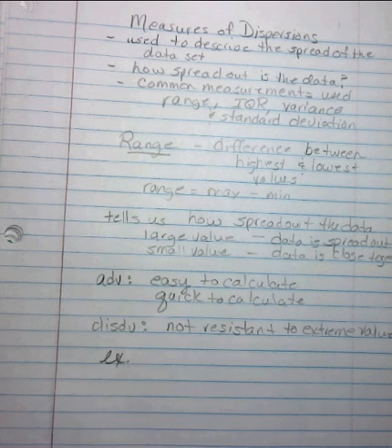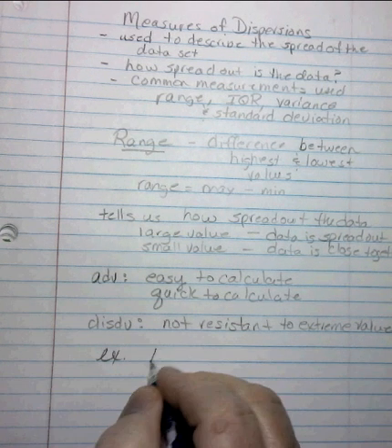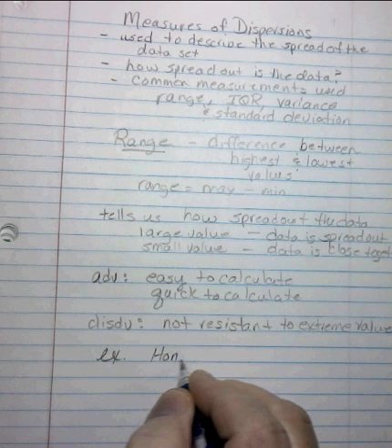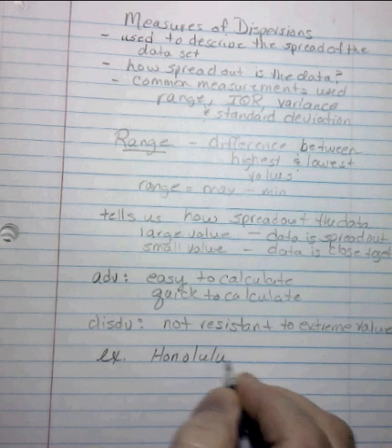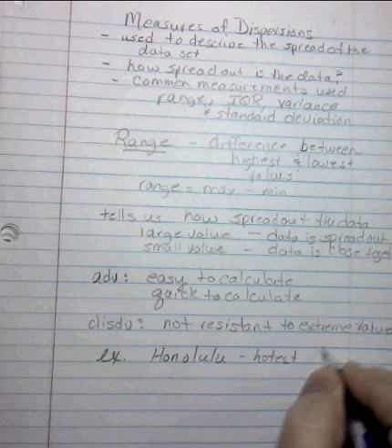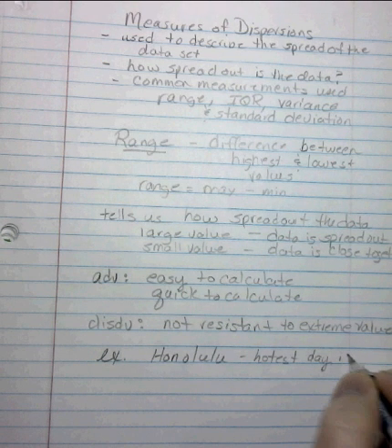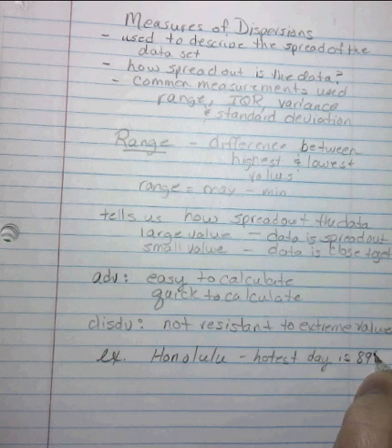Let's look at an example problem. We have some temperatures in Honolulu. The hottest day of the year, the temperature was 89 degrees Fahrenheit.